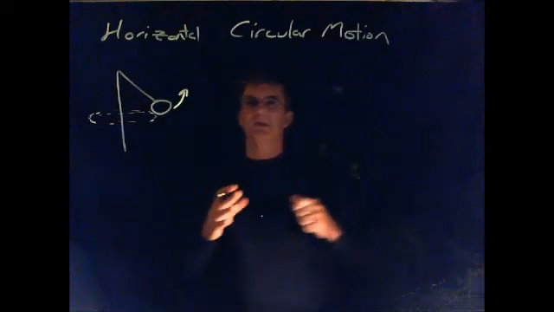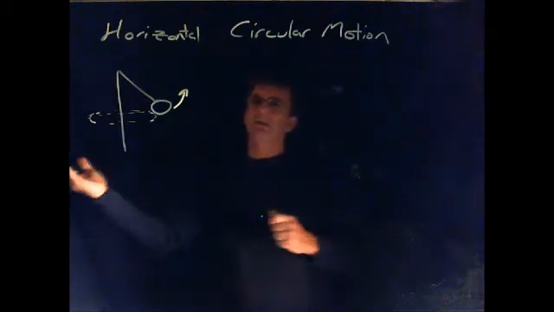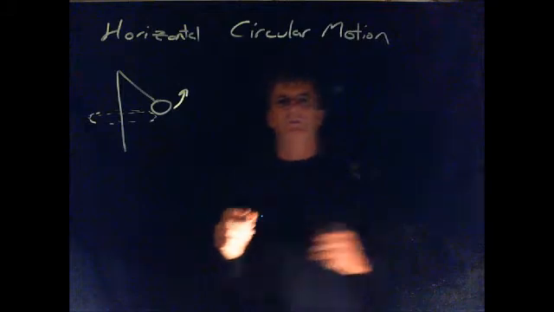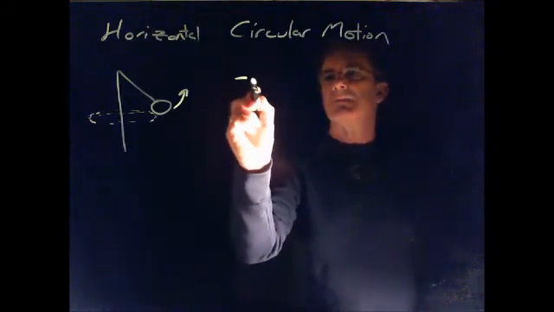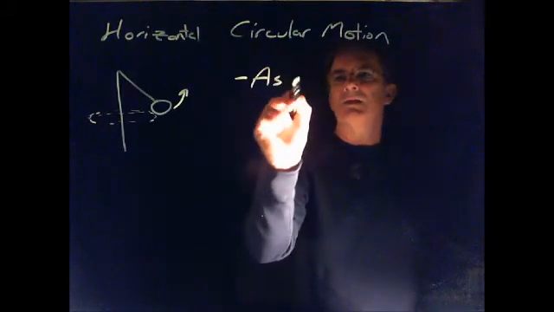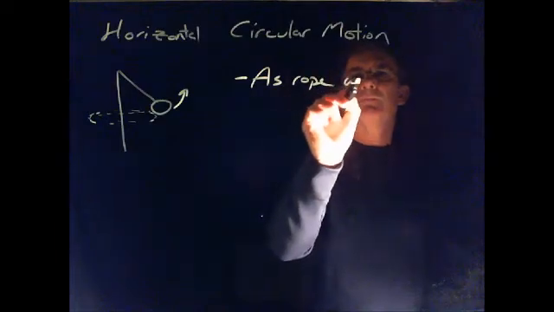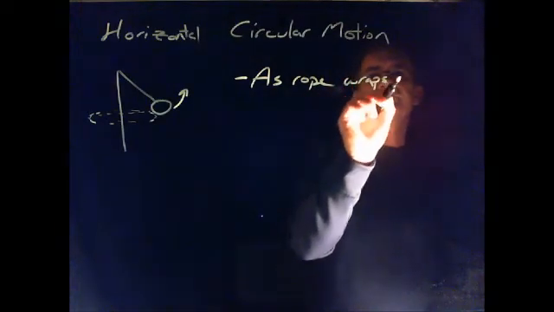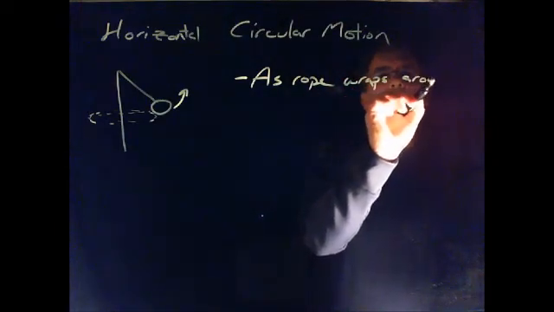Now, if you've ever done this, or if you've ever had a pole with a string on it and something at the end, and you gave it a swing around, what you might notice is that as the rope wrapped around the pole, the ball goes faster.